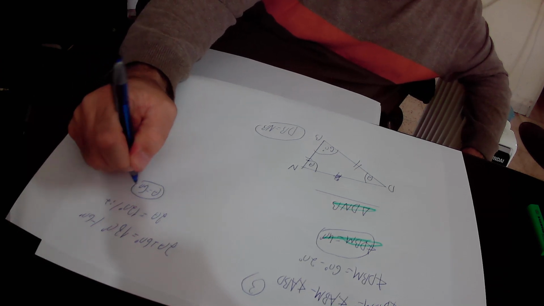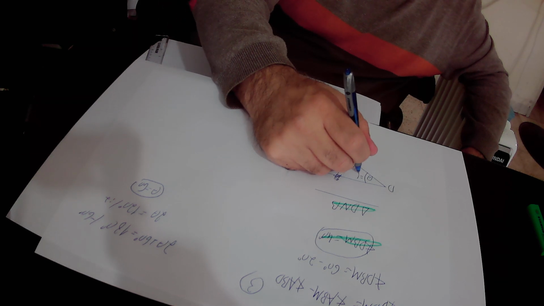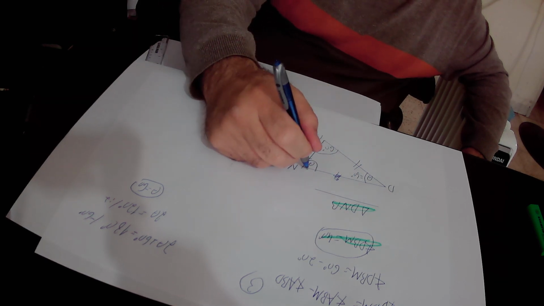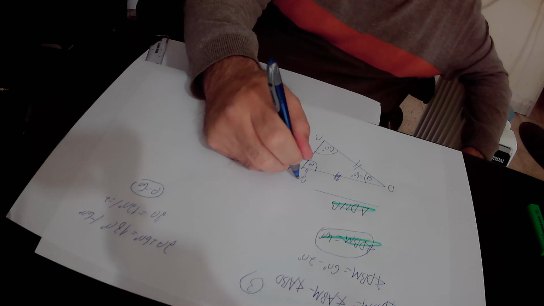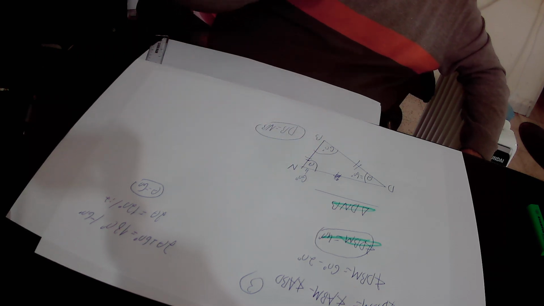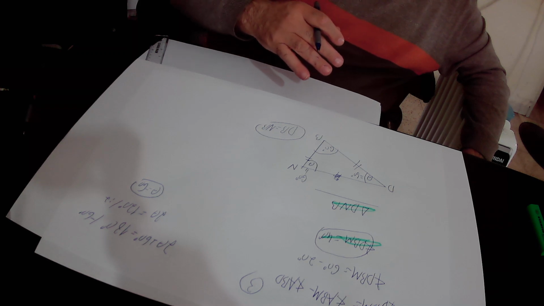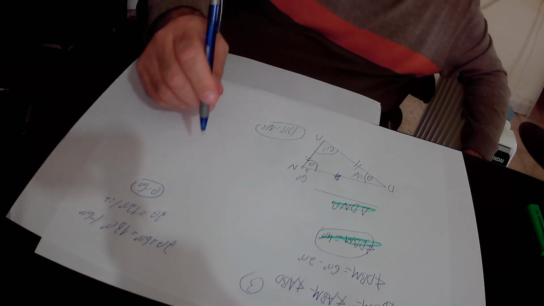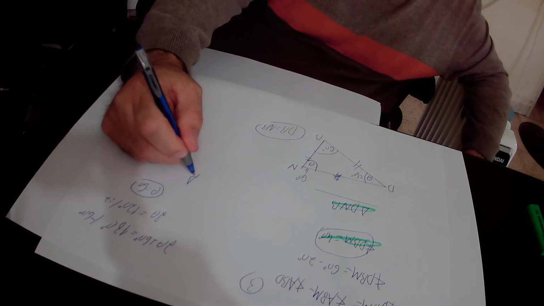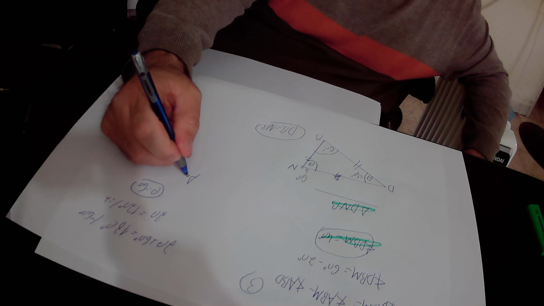So this angle theta equals 60 degrees, and this angle theta also equals 60 degrees in its size. Because in triangle DNB we have three angles that are all equal to 60 degrees, we will derive from it that triangle DNB is an equilateral triangle.